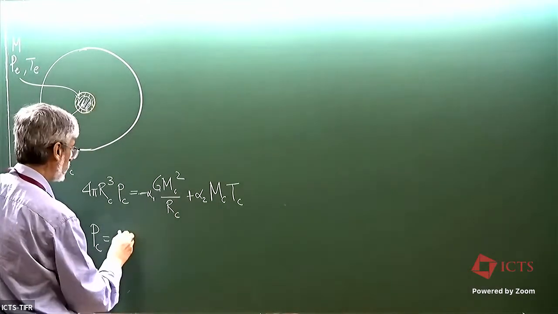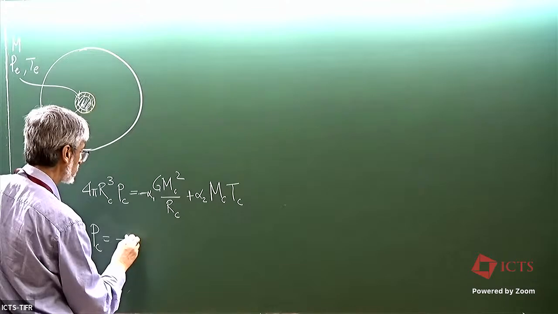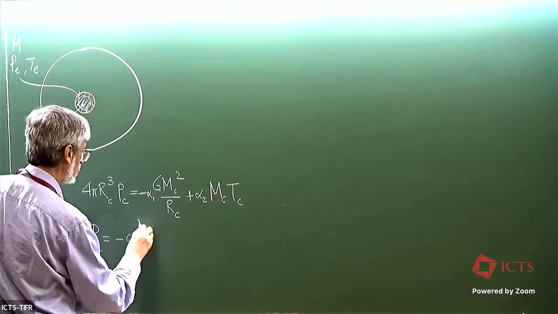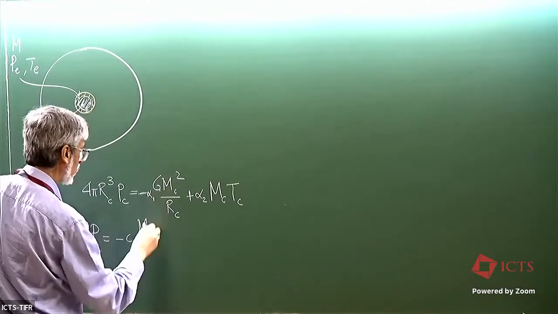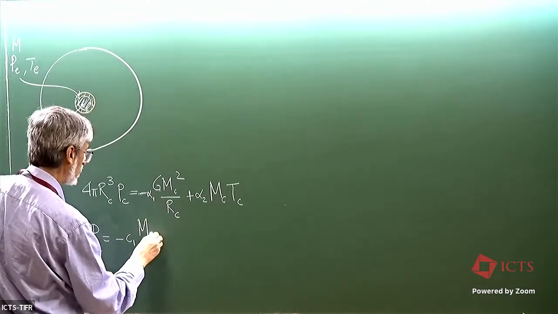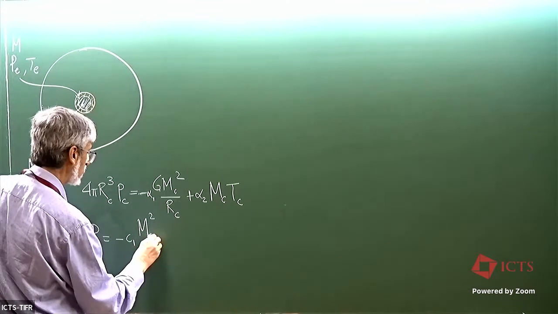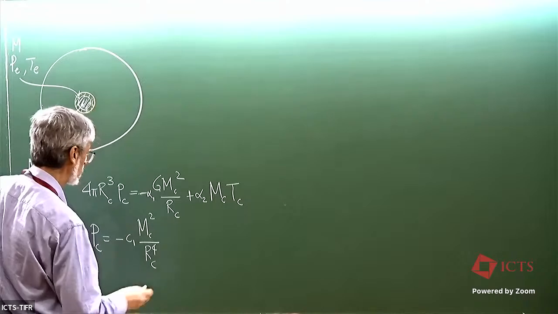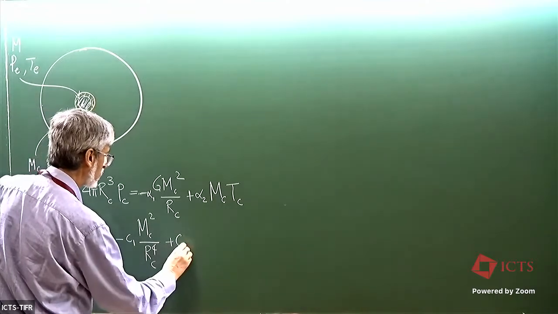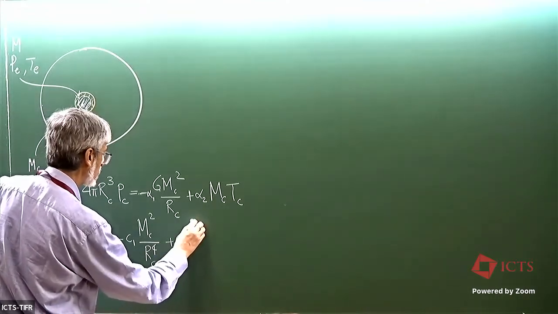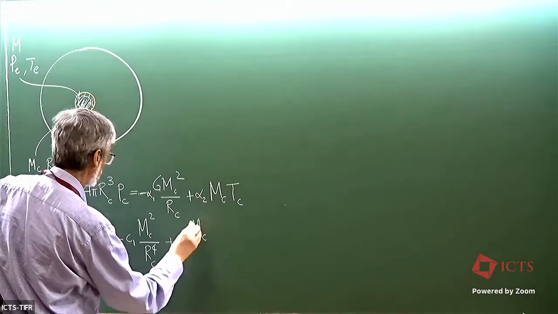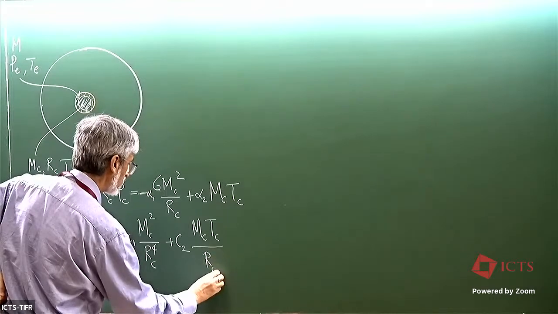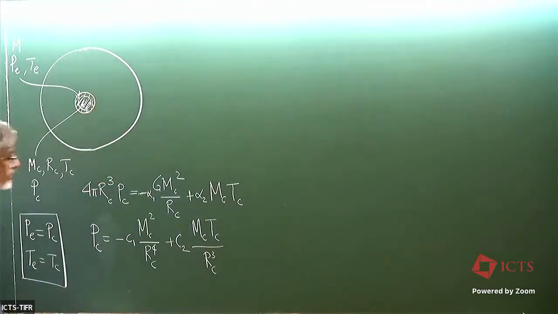So you have minus some constant C1 times, absorb all the constants in C1, mc squared over rc to the power of 4 plus some constant C2 times mc Tc over rc cubed.